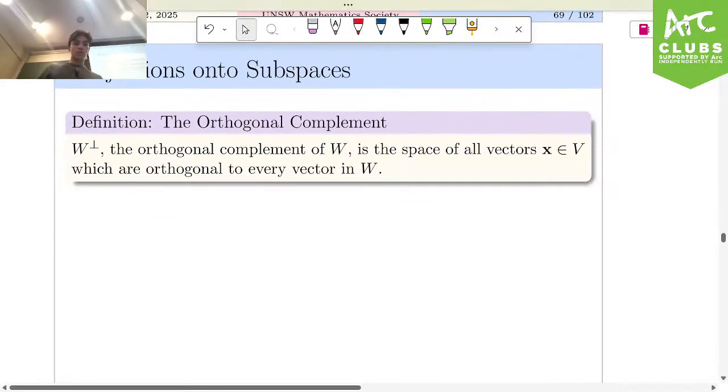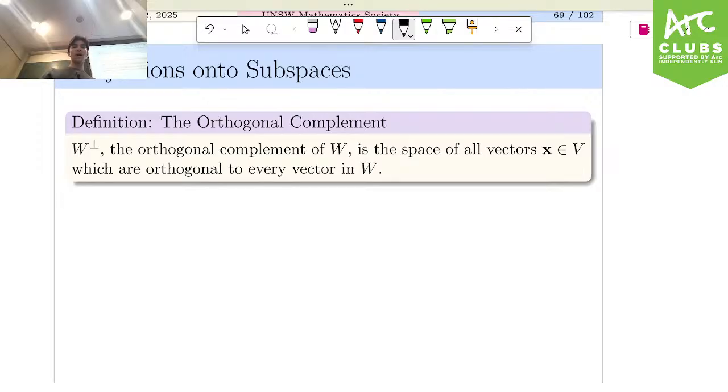So a new concept that we're introducing is the orthogonal complement, right? This is defined in terms of a given subspace W of a vector space V, right?